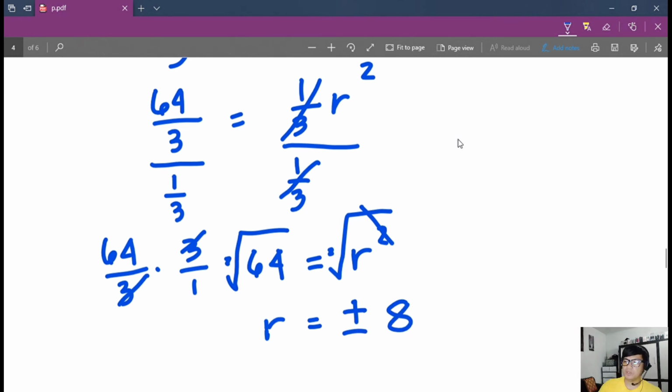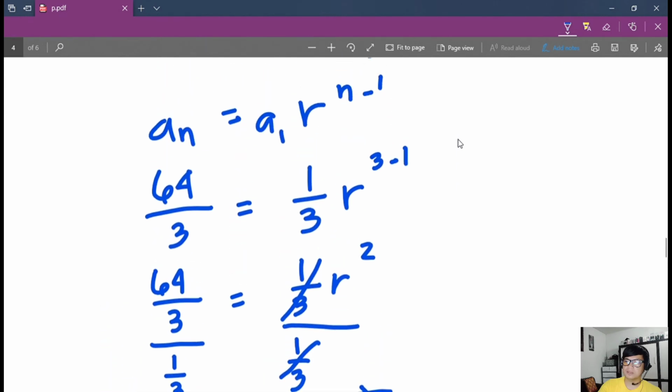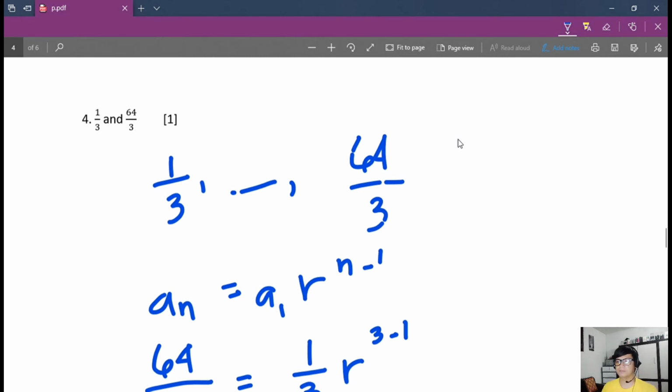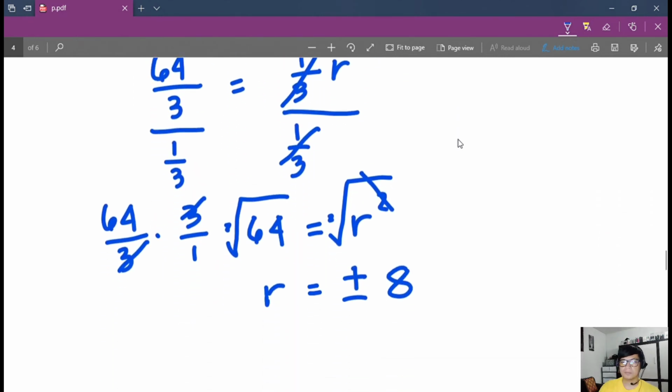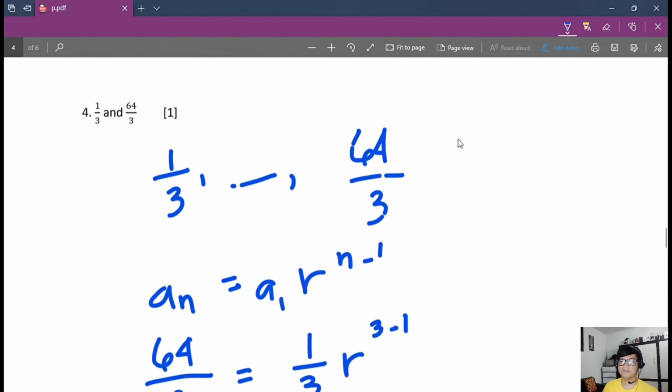So, there will be 2 geometric sequences. 8 yung ating common ratio. So, positive 8, unahin natin, positive 8.